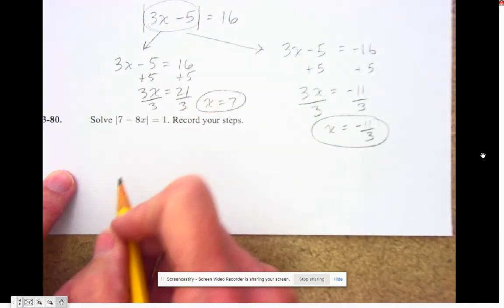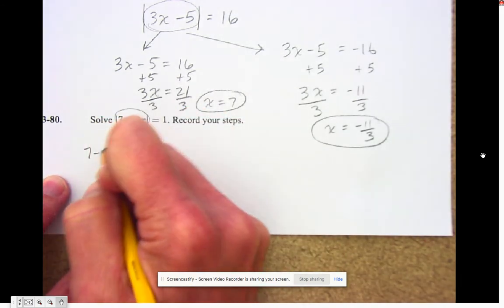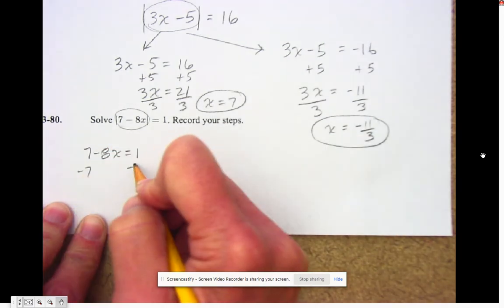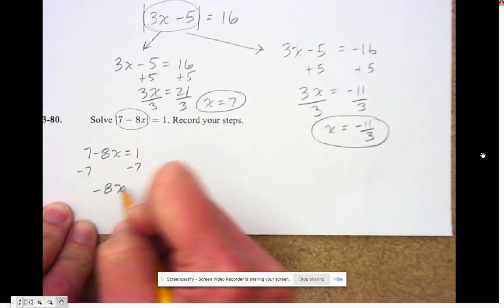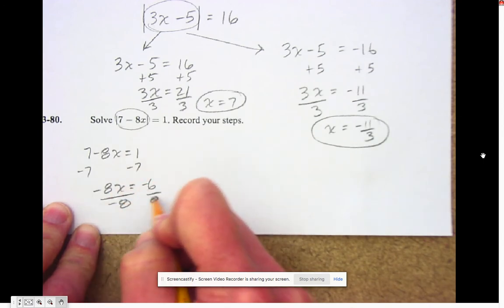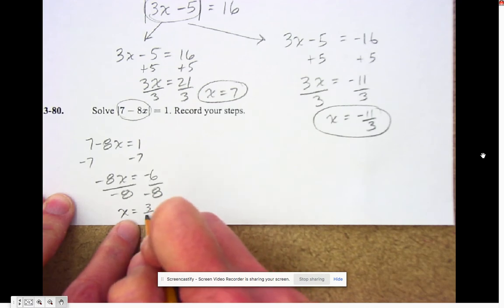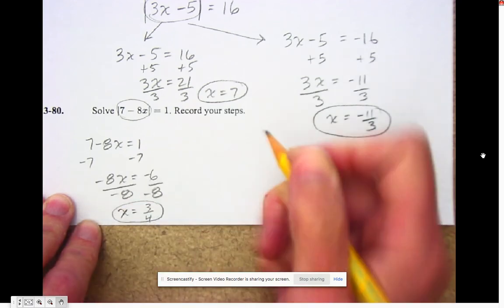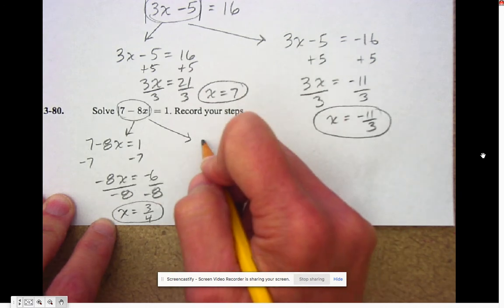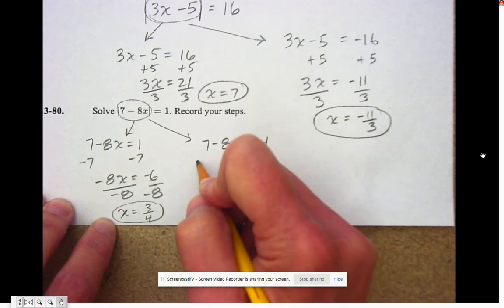So how do we solve that? Did you realize that this inside piece, 7 minus 8x, would either have to equal 1? So x would equal 3/4. Or this inside piece would have to equal negative 1.